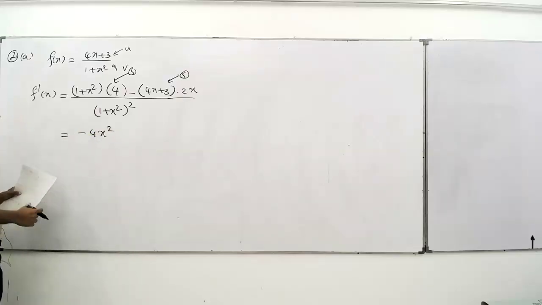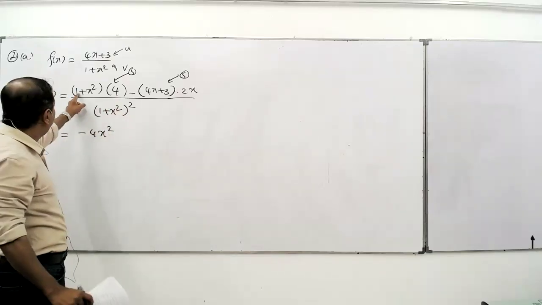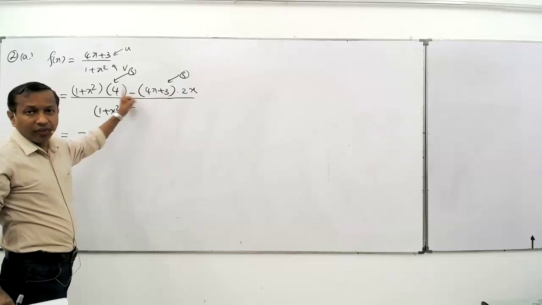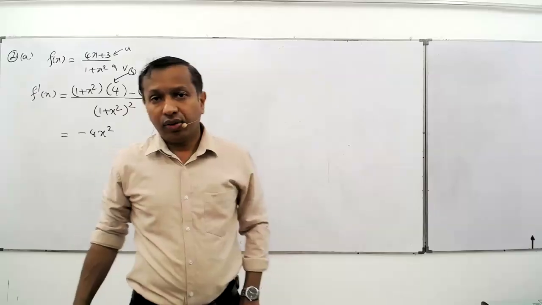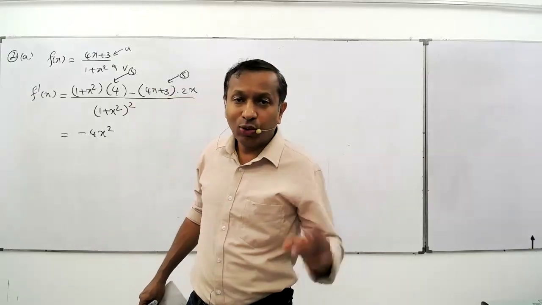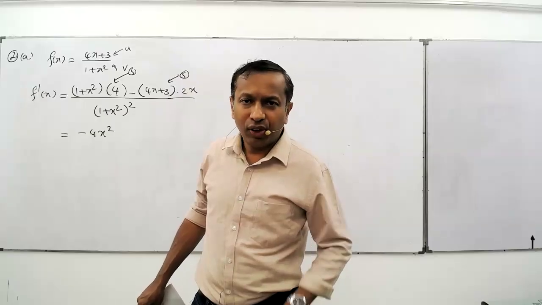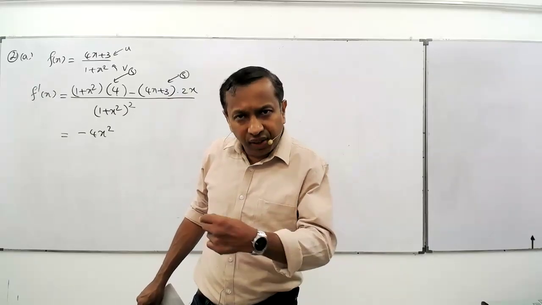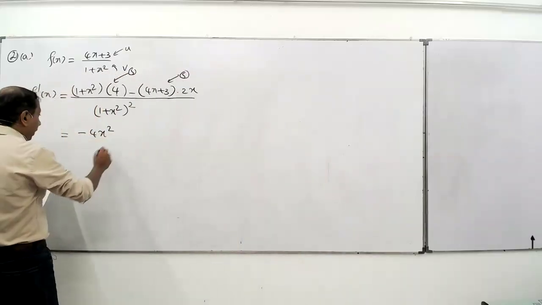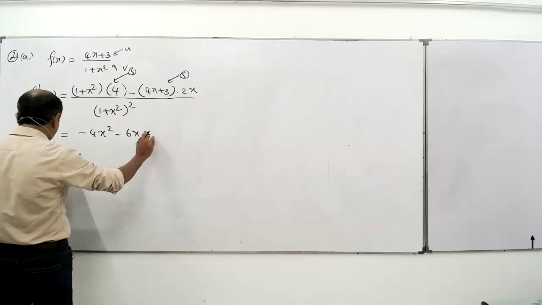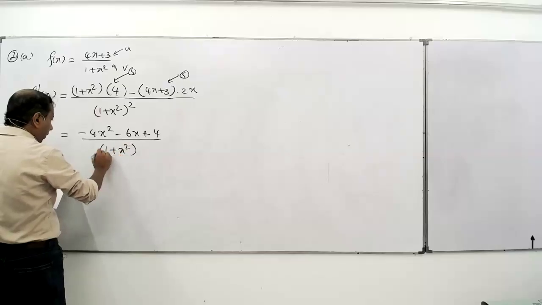Remember, there's no need to write another step to remove the brackets. If you can simplify mentally, you get full marks, because we don't expect removal of brackets from an A/L maths student. Then you get (minus 4x squared minus 6x plus 4) divided by (1 plus x squared) whole squared.